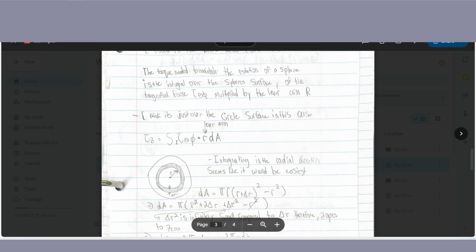Tau z equals the integral of this shear stress force times the lever arm, which is r, or r sine theta. You could do either one, but it really is r in this case because it's a planar circle, the surface of the viscometer.